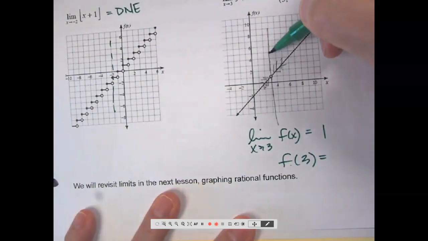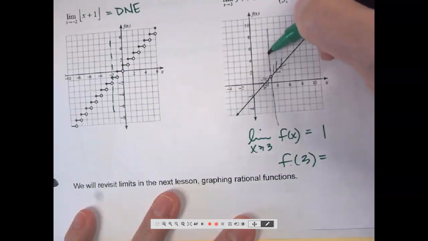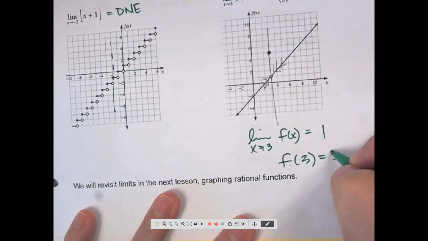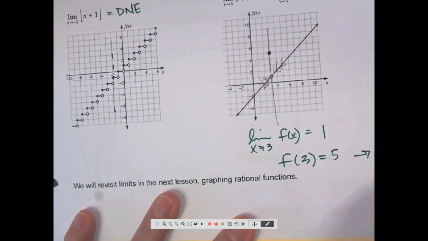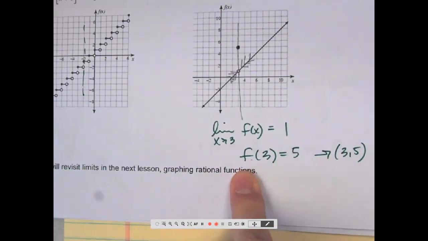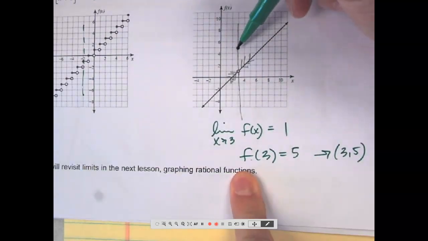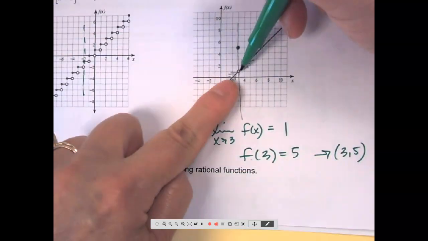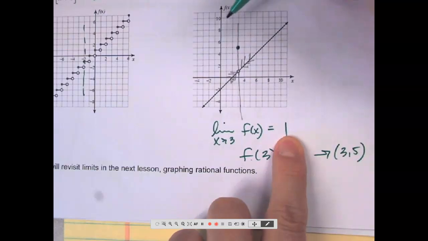It does exist. It is 5. Because there is an ordered pair, 3, 5. And this is when it gets a little confusing. So f of 3 is 5 because of that dot. The limit approaching 3 is 1, despite the open circle.